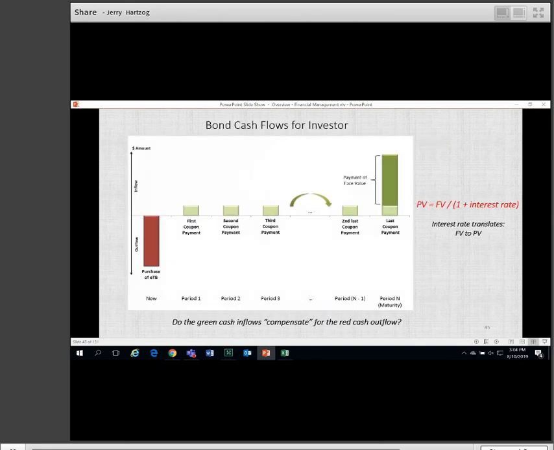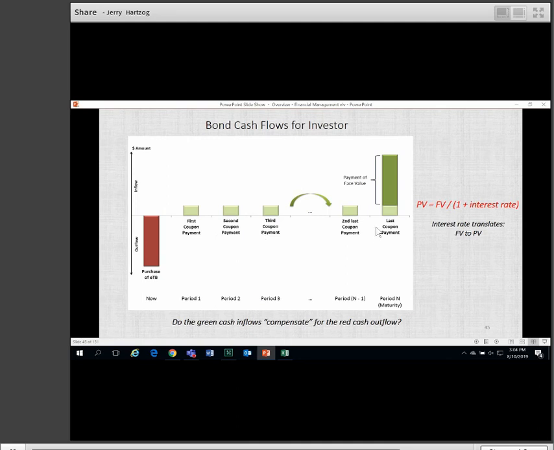So let's look at a bond from the point of view of cash flows for the investor. Over on the left, the red bar indicates that the investor must send $1,000 to the corporation in order to purchase the bond. Then, in return, they get a series of coupon payments over the years. That is, the interest payments on the bond.